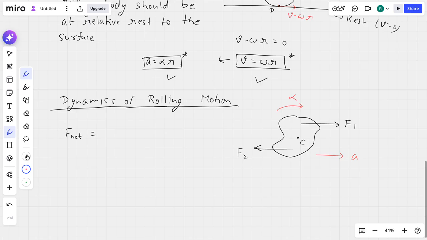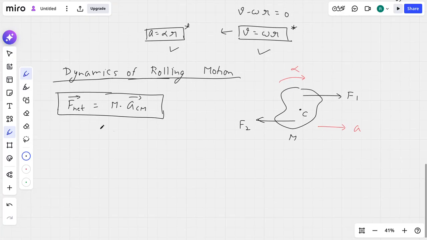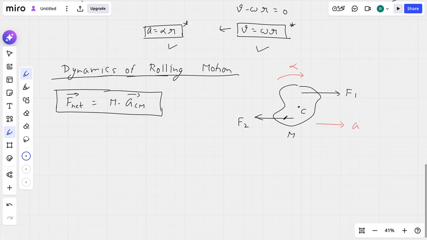The translational equation is quite simple: the net force acting on this body is equal to the mass of the body times the acceleration of the center of mass of this body. So this is the translational equation for rolling motion. Apart from that, for the rotational equation we will calculate the individual torque due to all the forces and sum them to find the resultant torque.